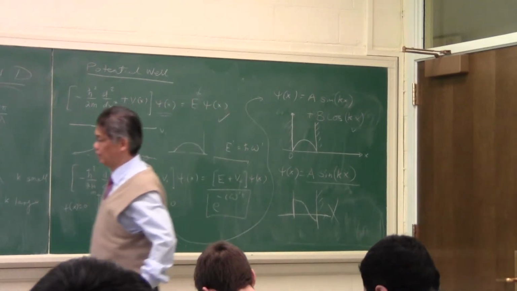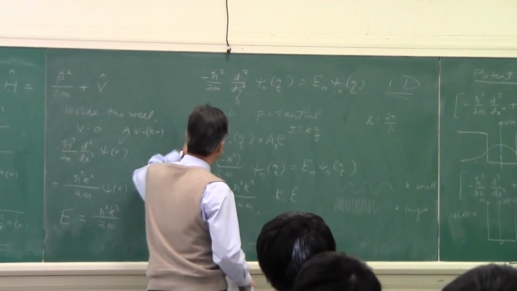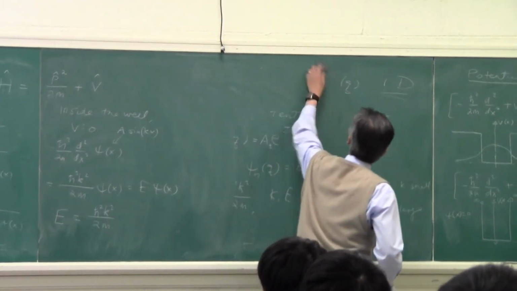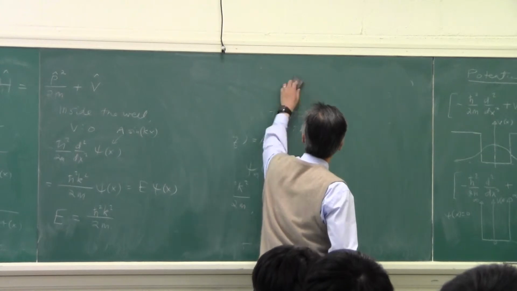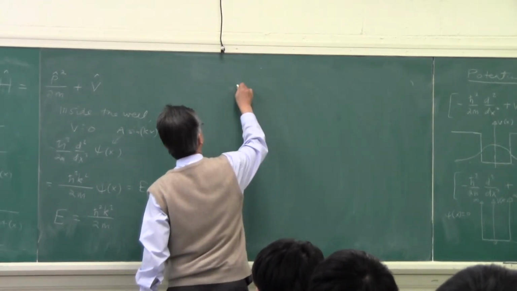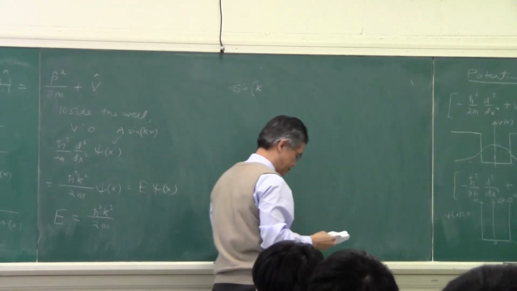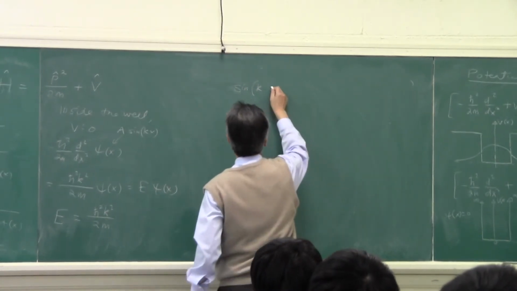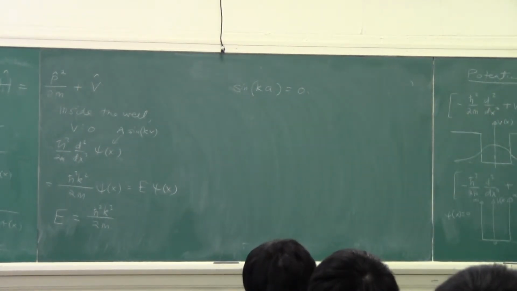So it has to be that k takes on values only in such a manner that sine of ka, let me see what notation I use, ka, must also be 0, where a is the width of the well.